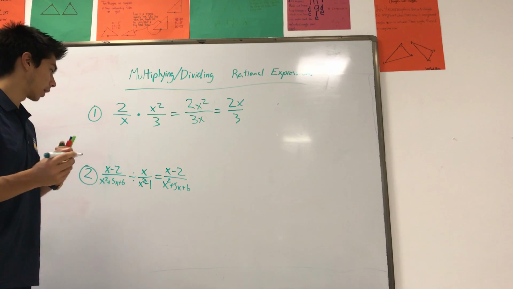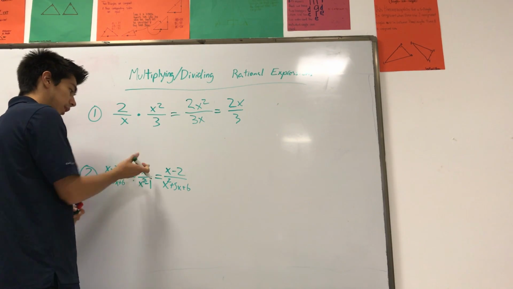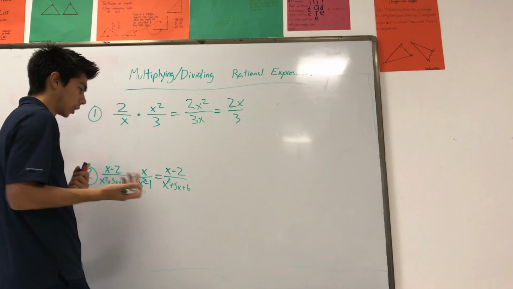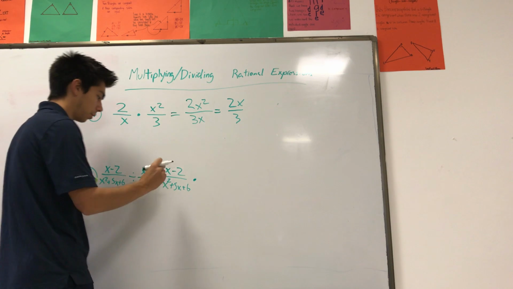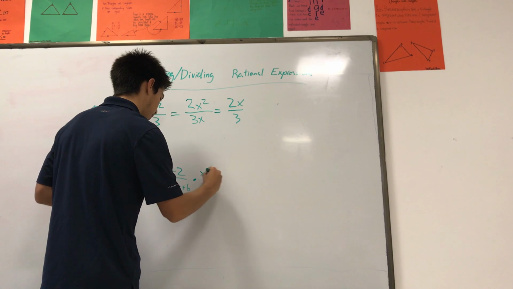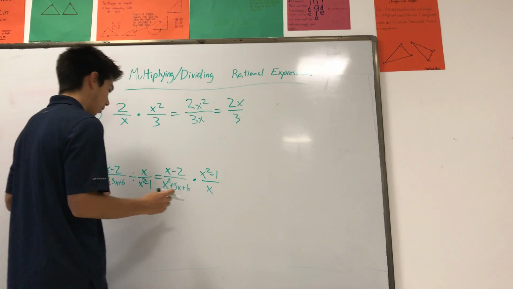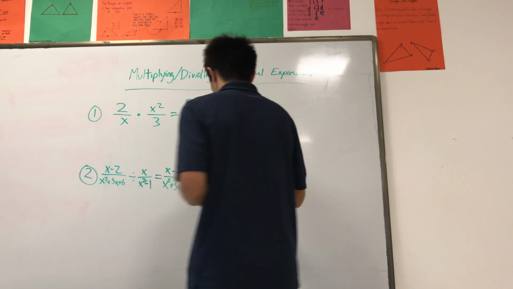So one common way to think about it is we switch and flip basically. So we're going to switch the division sign into a multiplication sign, then we're going to flip, we're going to get the reciprocal of the second term, which would be times x squared minus 1 over x. And then once we reach this point, we multiply straight across.